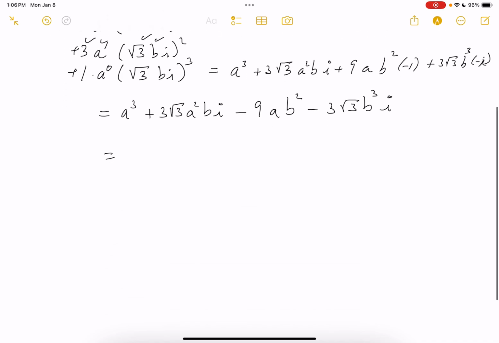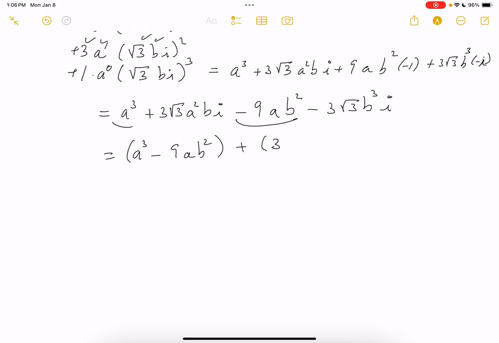Now I want to write this in the form where I have a real number plus some multiple of i. So I get a cubed minus 9ab squared. These are real numbers, by the way, because I'm told a and b are real. And what do I get over here?